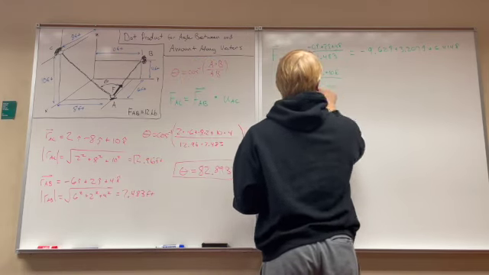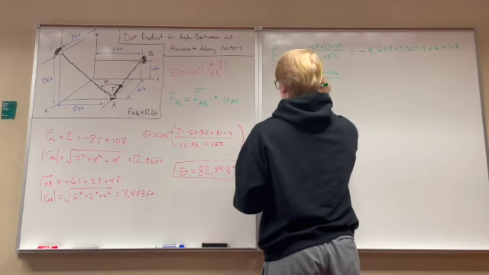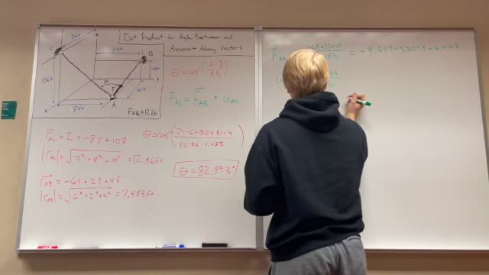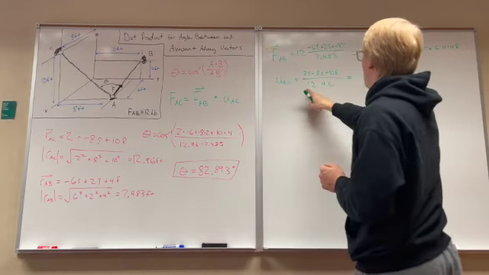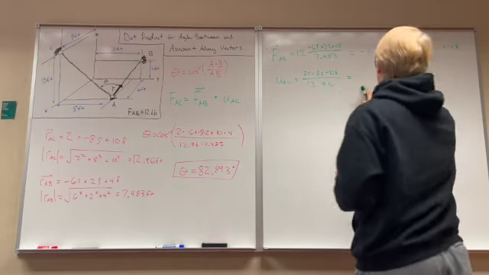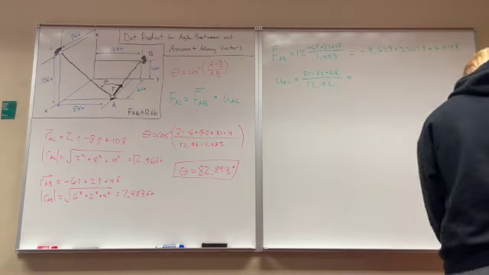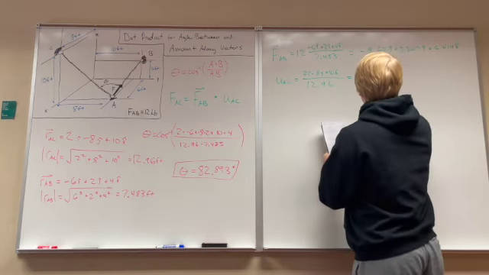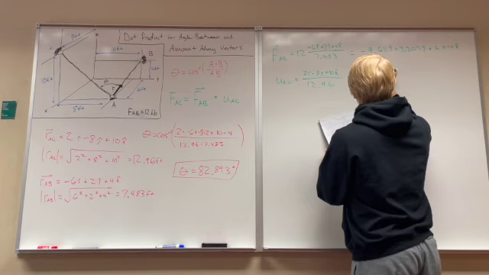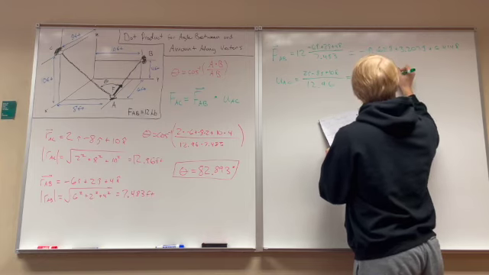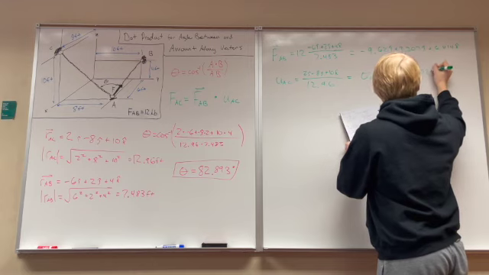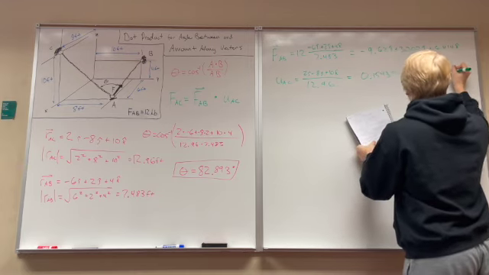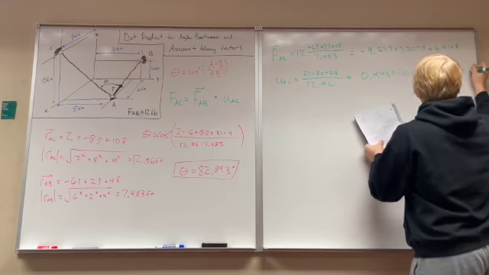And I'm going to put in 12.96. And so when you do that math, when you take 2 divided by that, 8 divided by that, and 10 divided by that, you're going to get 0.1543 i hat minus 0.6172 j hat plus 0.7715 k hat.